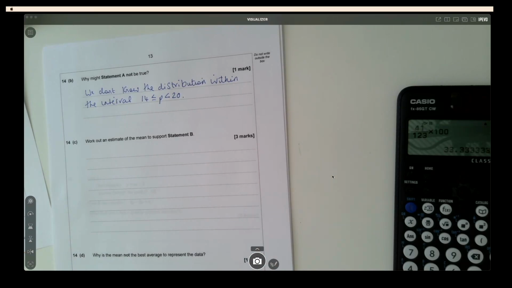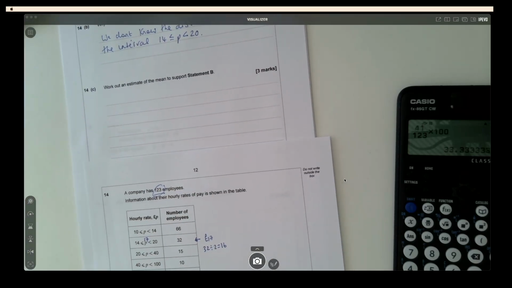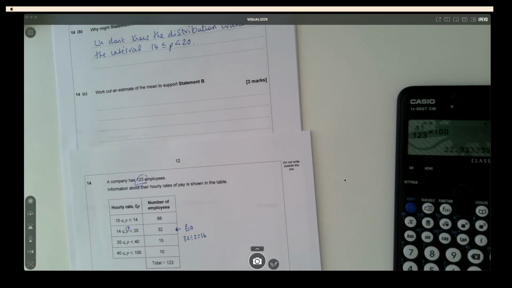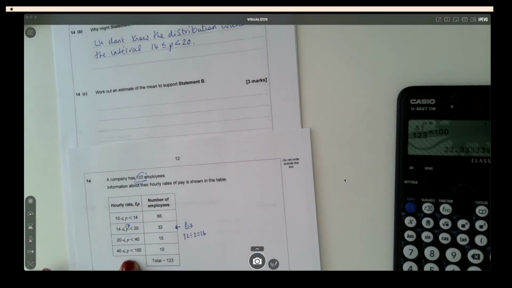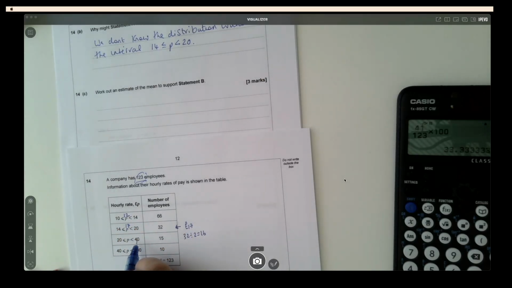Okay, work out an estimate of the mean to support statement B. So we're going to have to go back to our table here and use this information too. So to find an estimate of the mean, we need the midpoints of all of these ranges to start off with. So the midpoint of 10 to 14 is 12, 20 to 30 is 30, 40 to 100 is 70.